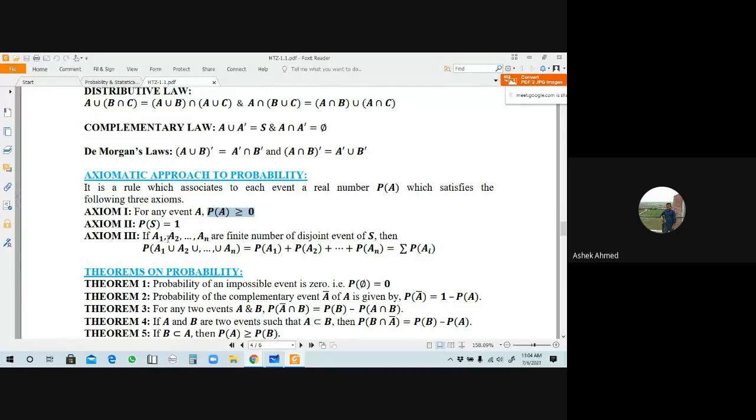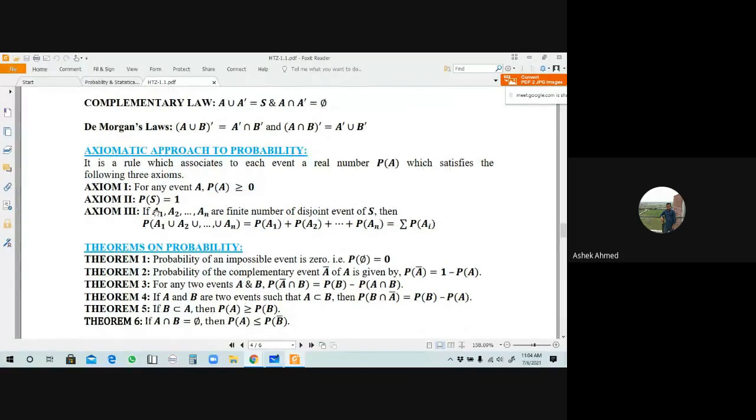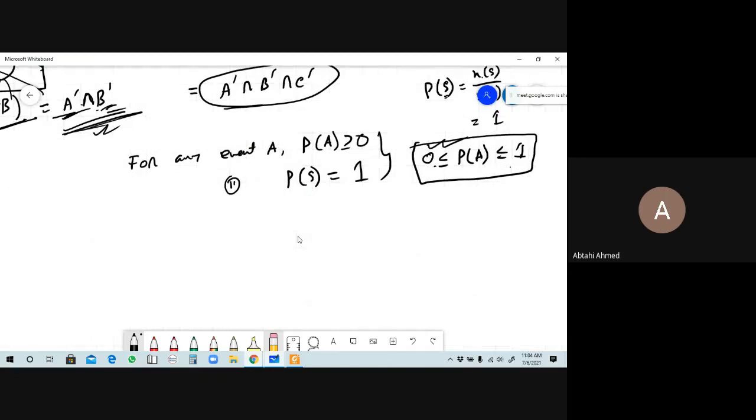The next theorem is: if A1, A2, up to An are a finite number of sets, finite means the last term is An. How many sets are there here? N sets. And what do you remember about disjoint sets? No common elements.